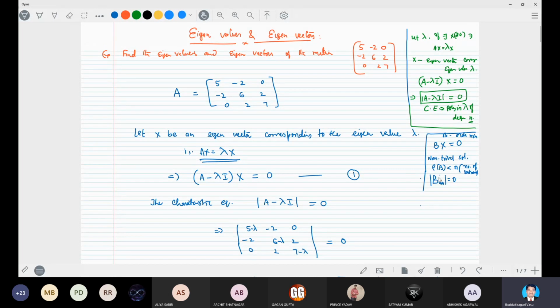Therefore, the largest minor is equal to 0. The largest minor means the matrix B itself, where B may be considered as the coefficient matrix A minus lambda I. Understood? Clear? Yes, sir.